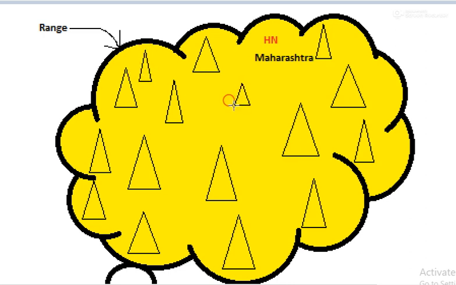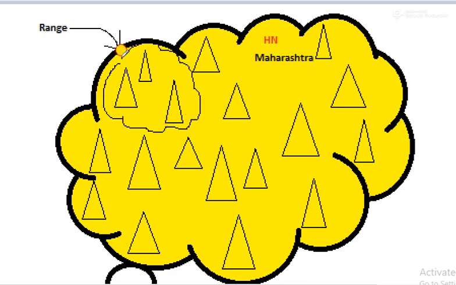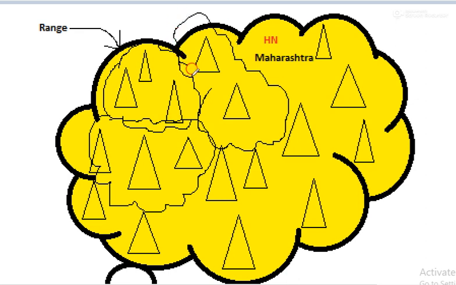And obviously those wireless stations may come under some metropolitan or district-wise areas. So consider, say, this area is Pune.